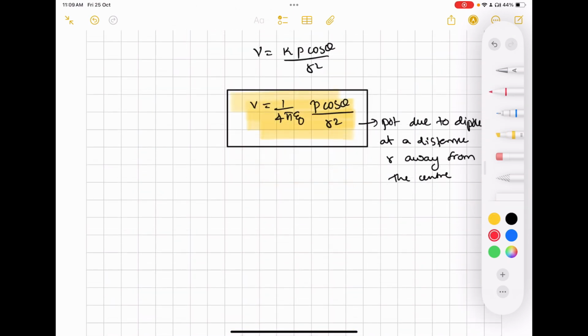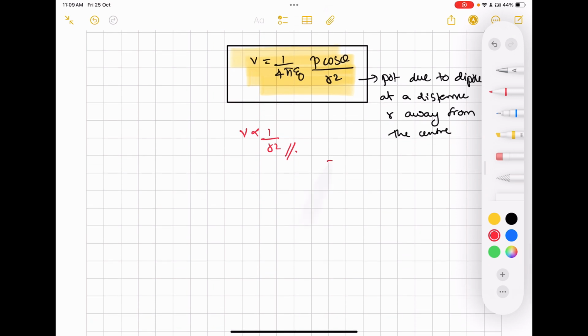From this, it is clear that the potential due to a dipole is inversely proportional to r square. We have seen that the electric field due to a dipole is inversely proportional to r cube, but the potential is inversely proportional to r square.